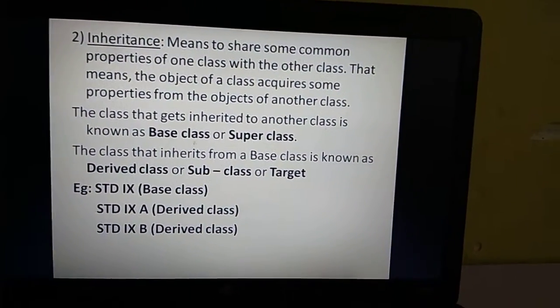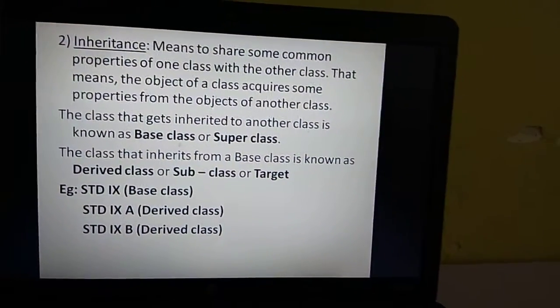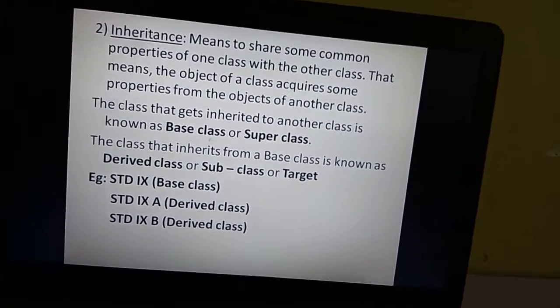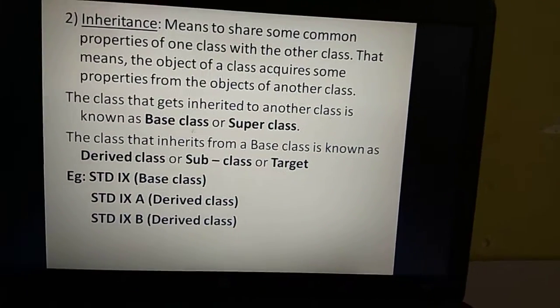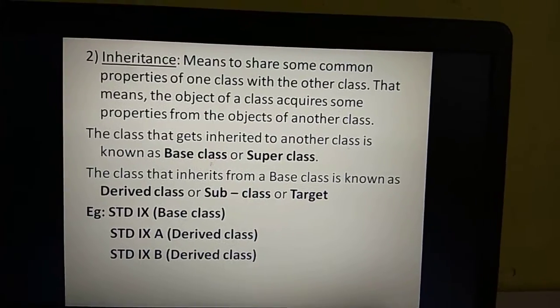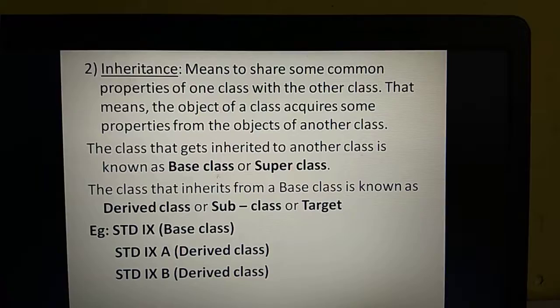The class that gets inherited to another class is called a base class or a super class, and the class that inherits from the base class is known as the derived class or subclass or target.